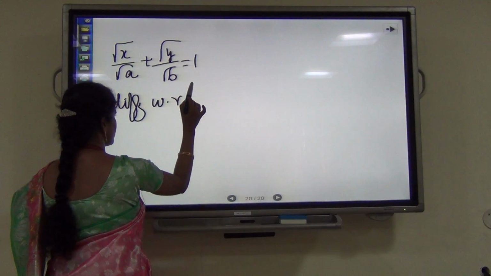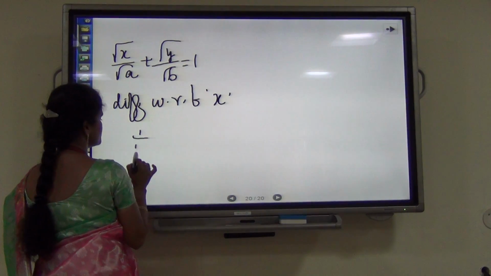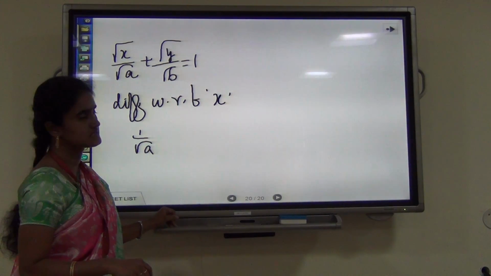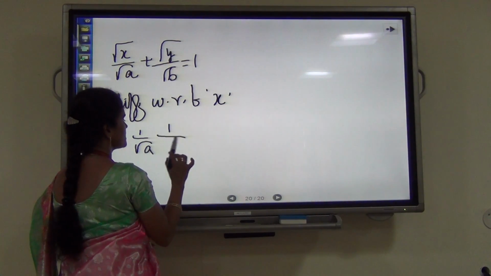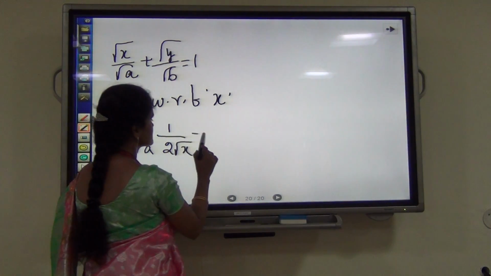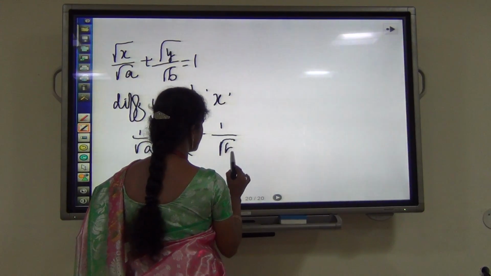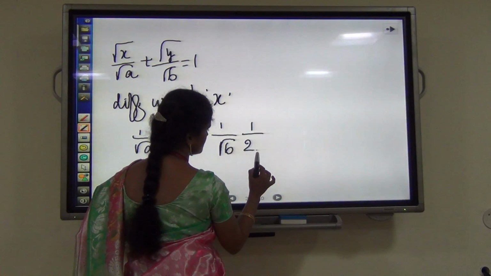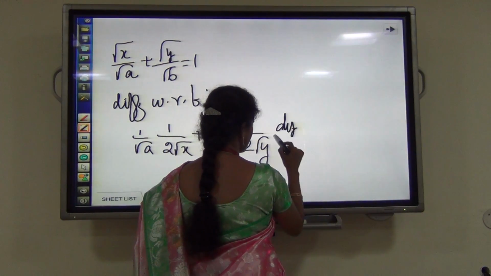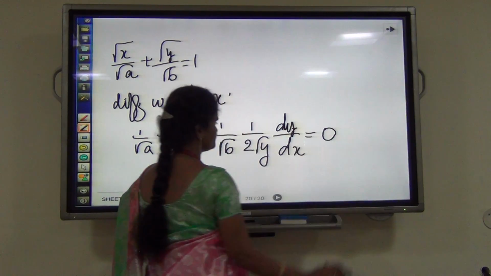Now differentiating this with respect to x, what do you get? 1 by root a is constant. The differentiation of root x is 1 by 2 root x, plus 1 by root b is constant, 1 by 2 root y into dy by dx is equal to 0.